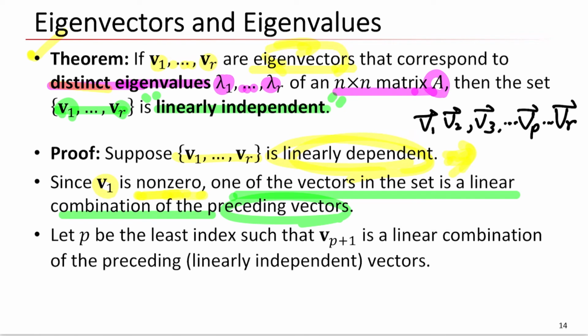If we assume that it is linearly dependent, then some vector can be represented by a linear combination of the preceding ones.